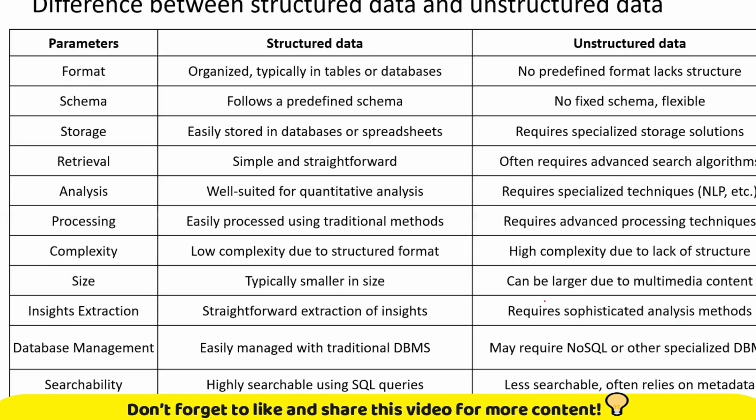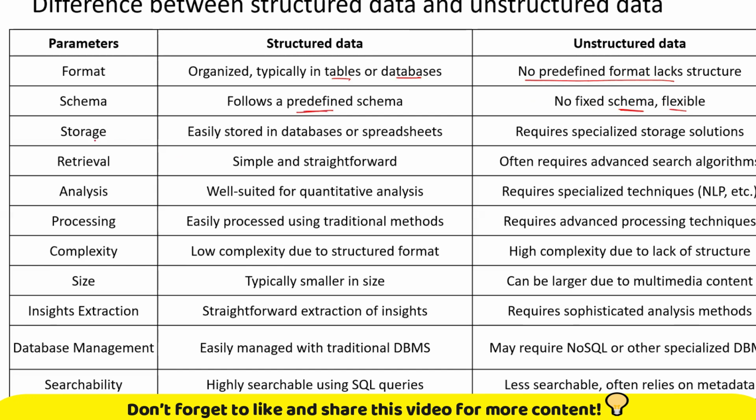So, the difference between structured data and unstructured data, we have a detailed comparison here. Like format, we have seen tables and databases; we are managing structured data that way, but for unstructured data, there is no format at all. In schema, structured data follows a predefined schema, but unstructured has no fixed schema. It's flexible.